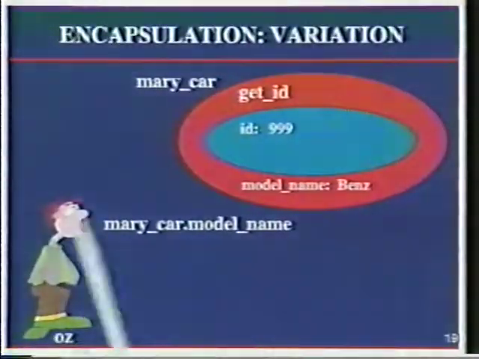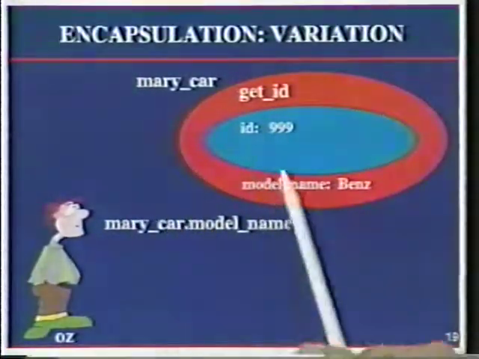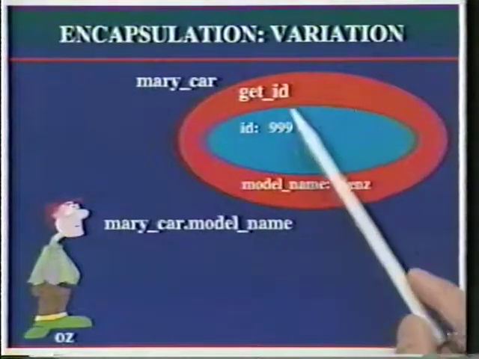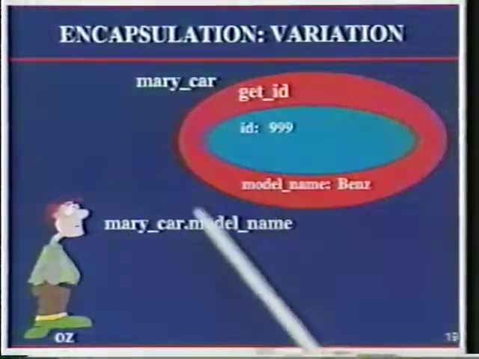There are several variations of this process of encapsulation, and I will give you one variation. The one I showed you just now is this one, where Oz can go and get the model name directly from Mary's car without sending a message.